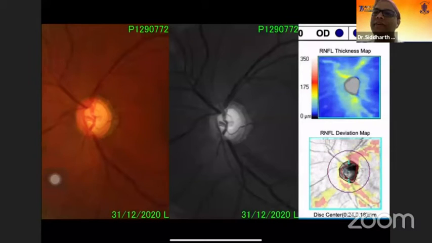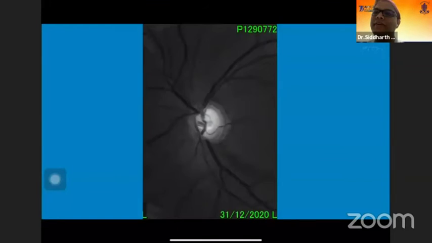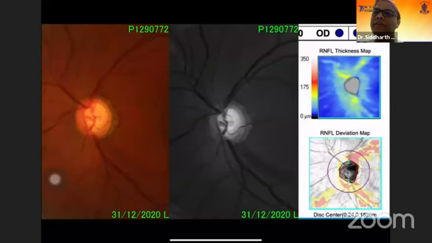Right. This is another example of pre-parametric glaucoma when the HVF 24-2 and 10-2 have not been able to pick the defect up. The same patient, but the nerve fiber shows pretty well on the OCT.